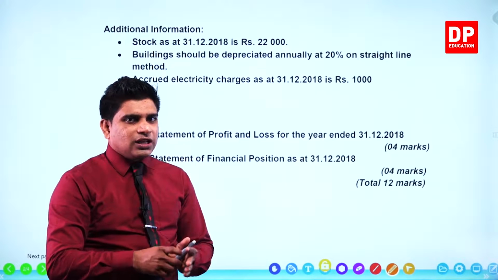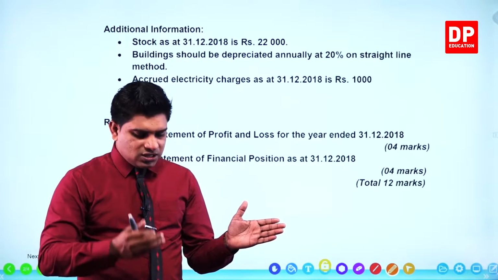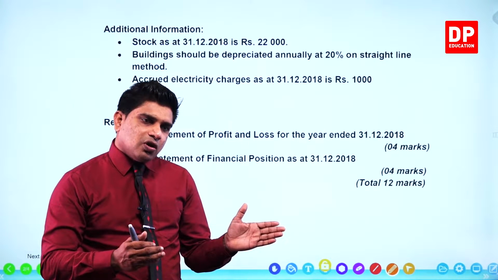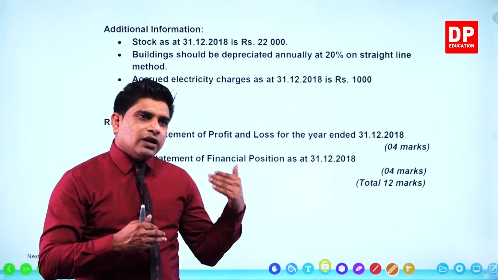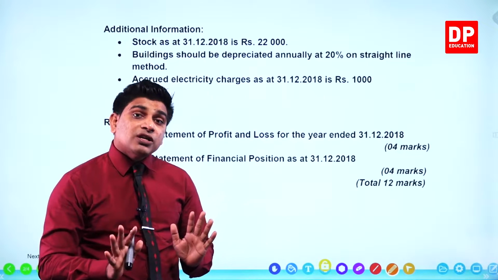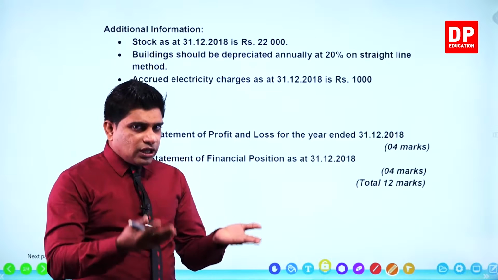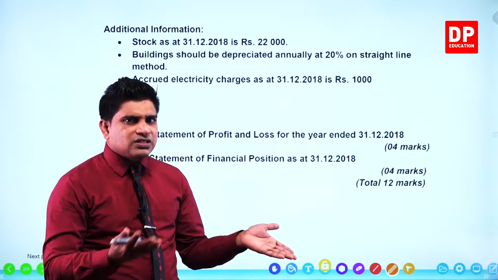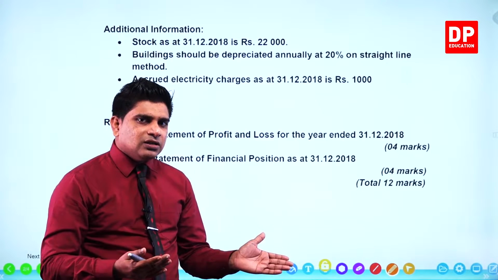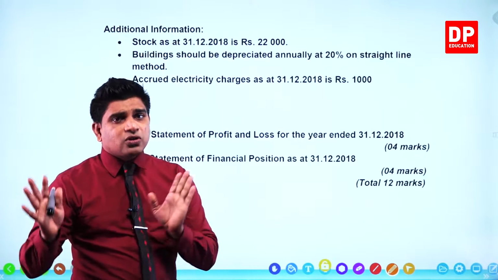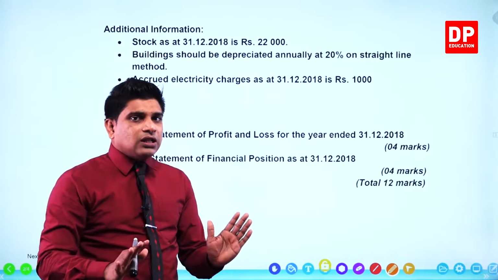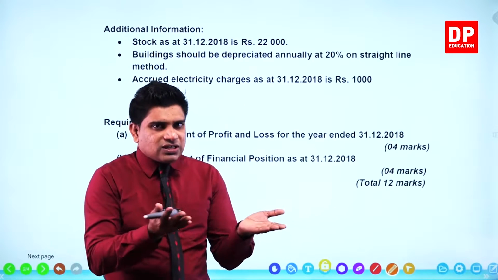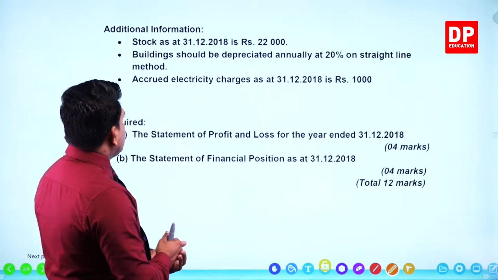Think 100,000 is the cost and 10% is the rate. This year 100,000 into 10% is 10,000. Next year, the same cost and same percentage, so 10,000 again. That's why we say straight line method.